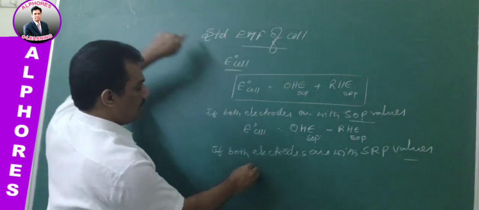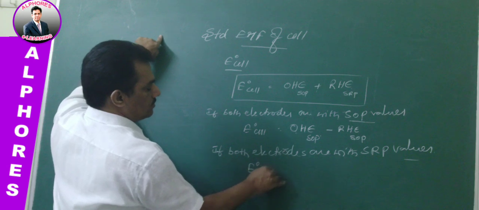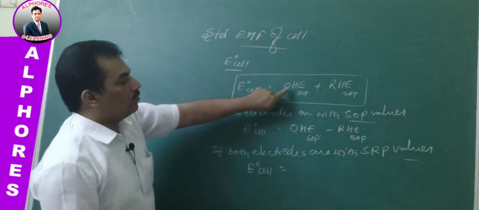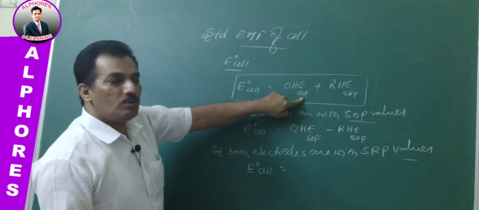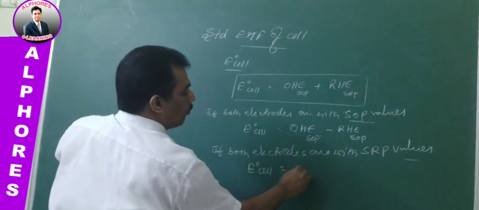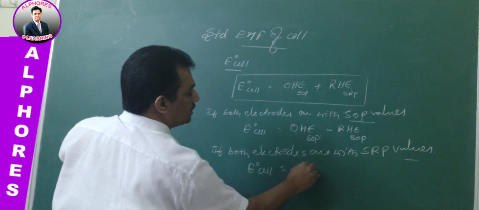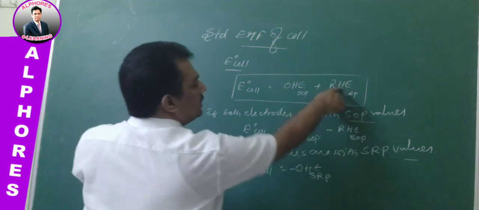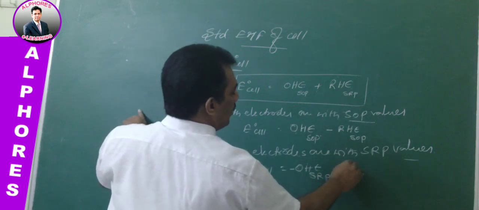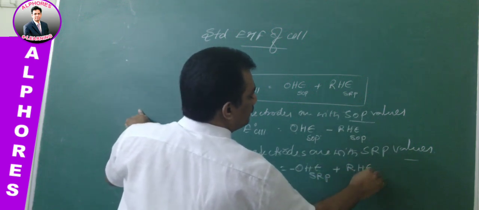SRP, here E naught cell is equal to OHE having SOP, and when they are giving SRP it is with negative, OHE minus OHE SRP value, and it is already in SRP, that is RHE SRP.